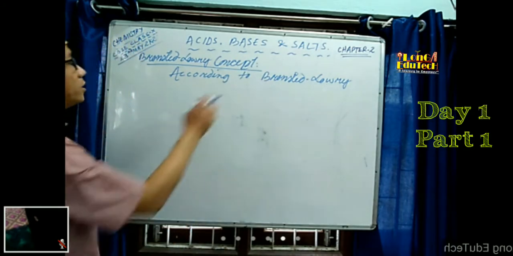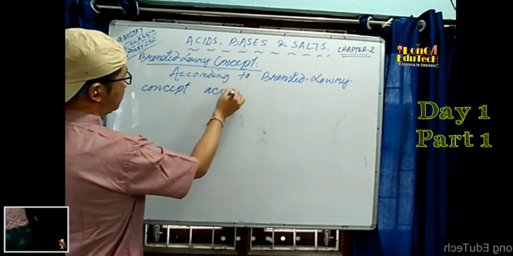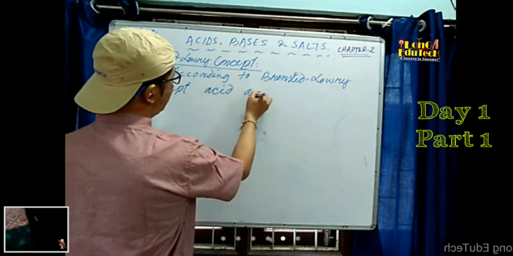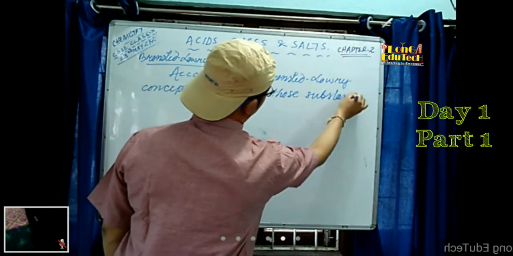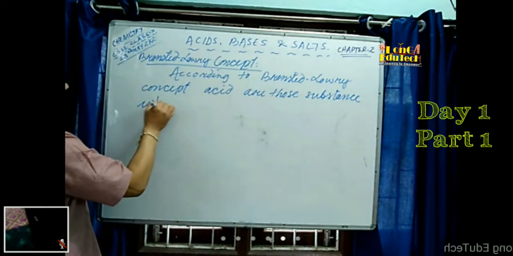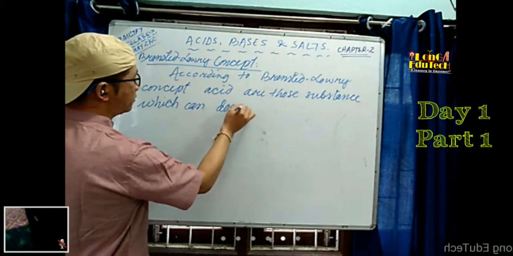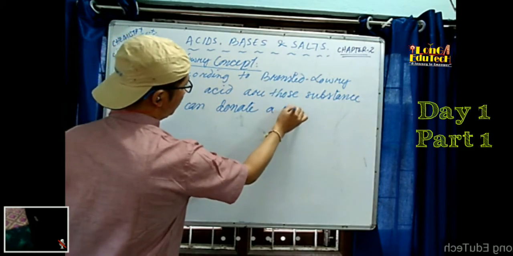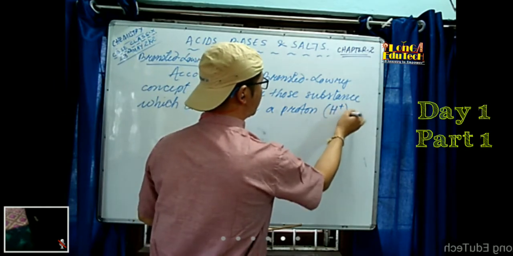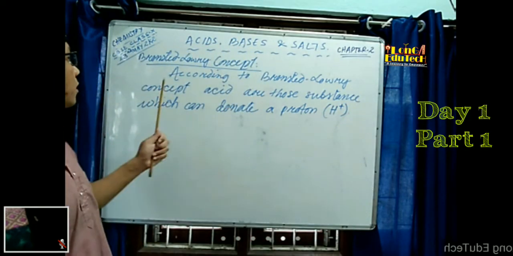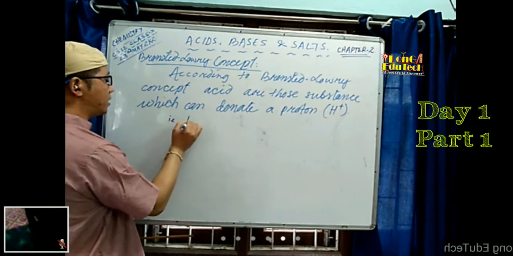According to the Bronsted-Lowry concept, acids are those substances which can donate a proton. Proton is H plus. So acids are those substances which can donate protons, that is, the hydrogen ions.